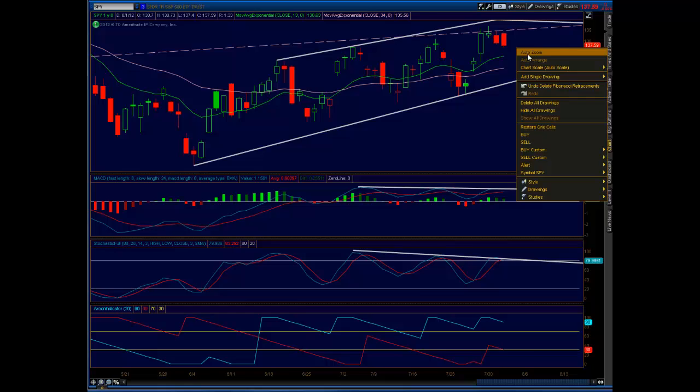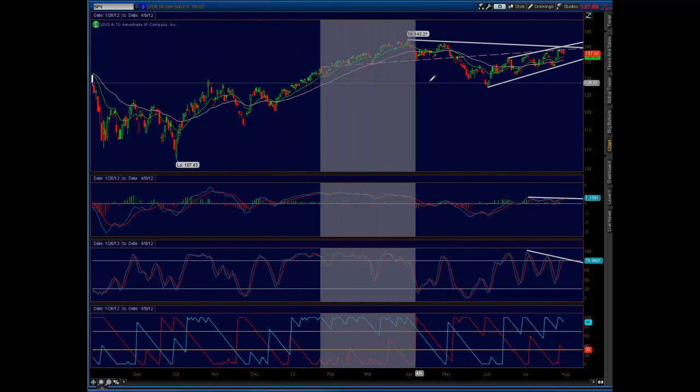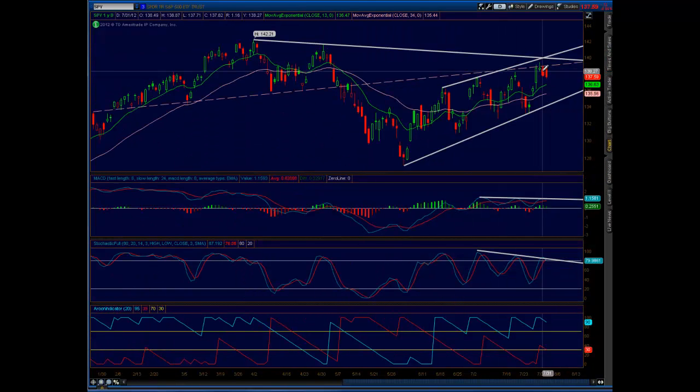So you can see perfectly right here, all we did was come back and back test the neckline of this head and shoulder pattern that we broke down from back in May of last year. Let me just confirm that.